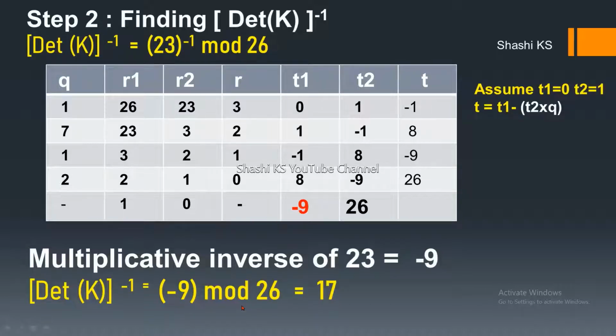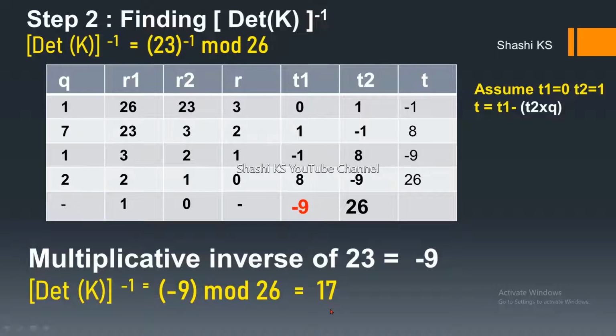So when we do minus 9 mod 26, we get minus 9. To convert that negative value to a positive value, we have to add 26 to it. We will be getting minus 9 plus 26 as 17. So the value of determinant of K inverse, the multiplicative inverse for the value 23, is 17.